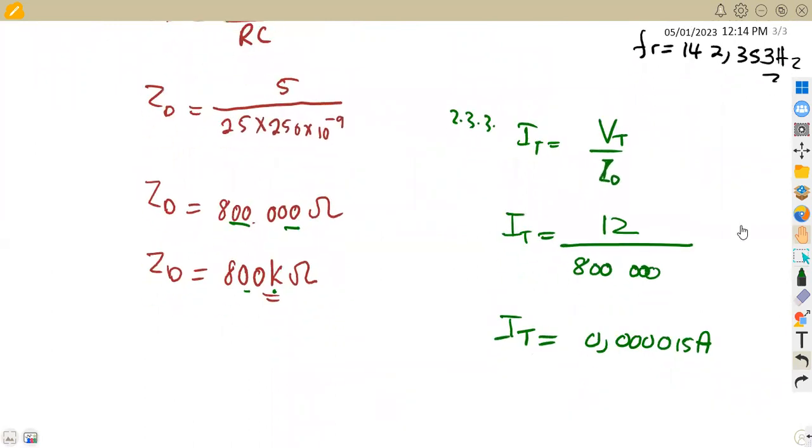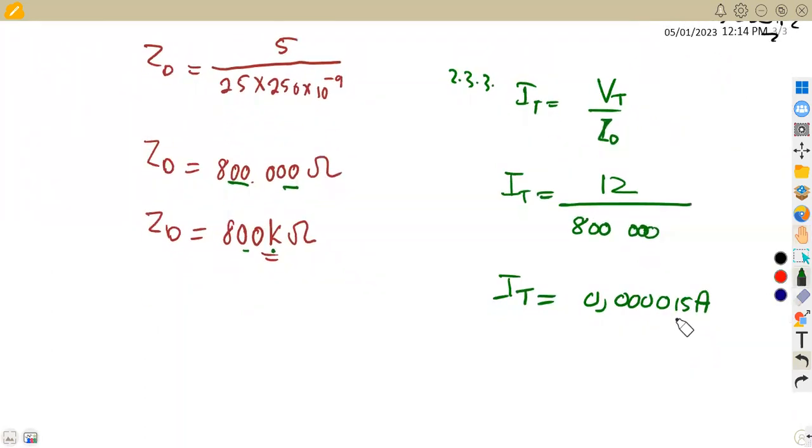You can even write this in the best way, because even if you write in milli, it is going to be 0.015 milliamps. So it's best for us to write in micro amps. Remember, micro is to the exponent of -6. For you to convert to micro, you multiply by the inverse of 10 to the exponent of -6, which is 10 to the exponent of 6.